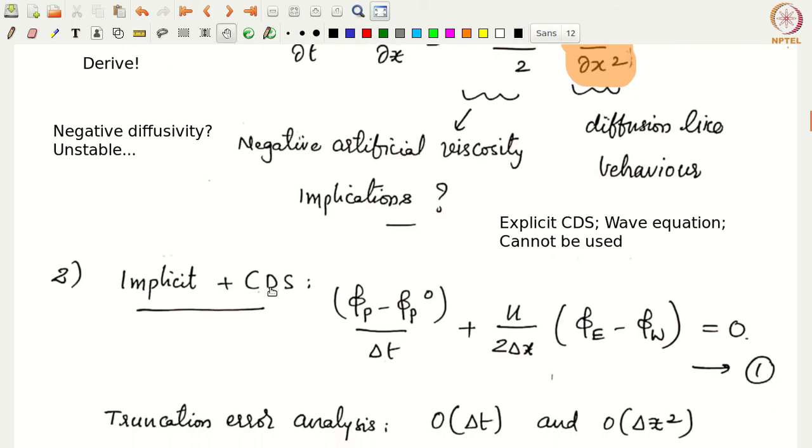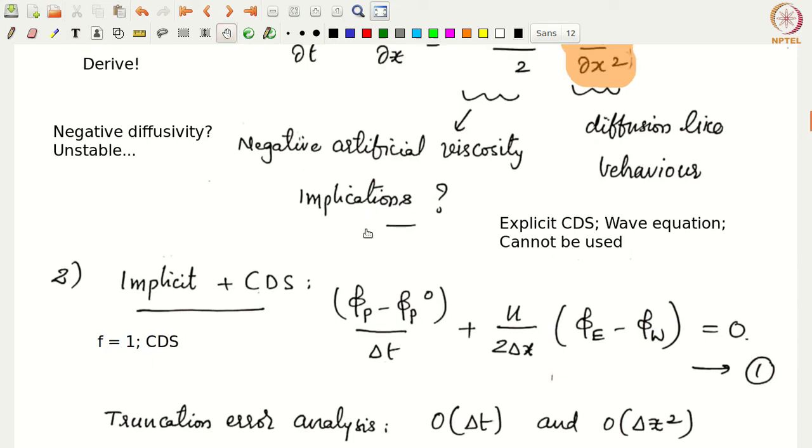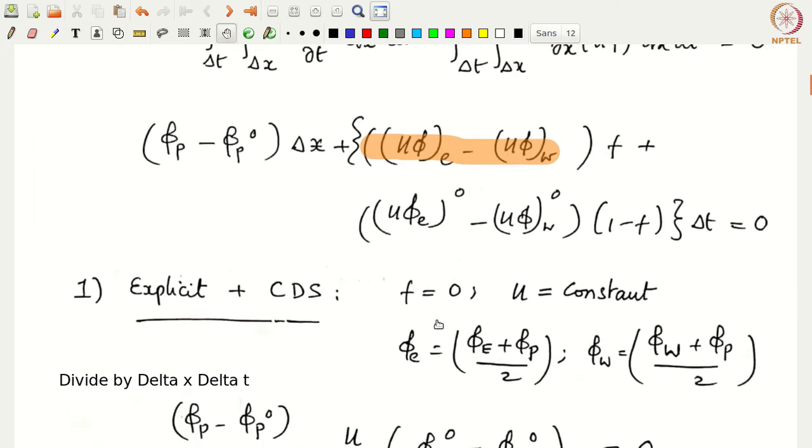Now if we do this, of course we have the original equation. Because the spatial scheme is not different, we are essentially substituting f equals 1, because this is an implicit method, and the central difference approximation is the same. That means we go back here. Now this term gets retained because f equals 1, and this term goes to 0.